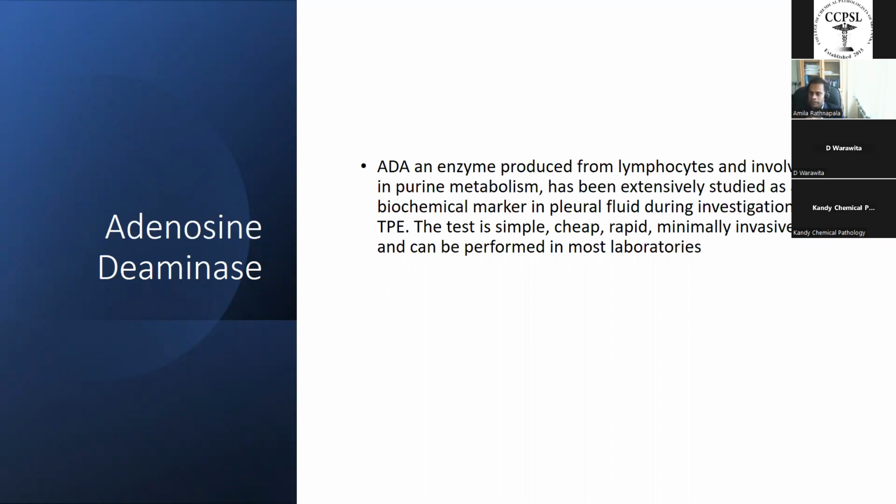I have seen that we sometimes request ADA for CSF, and sometimes we request ADA for peritoneal fluid, but it is not validated as it is for the pleural fluid. So it's a very good biomarker for pleural effusions. And what is the most important aspect of it?